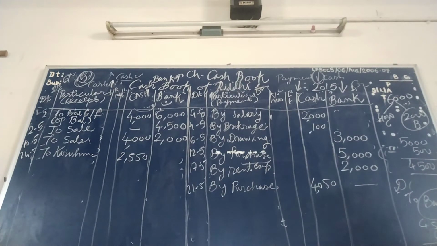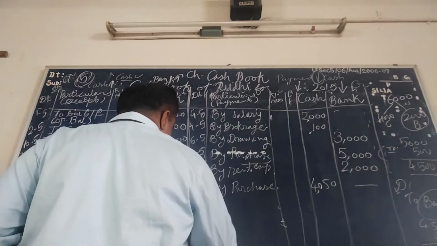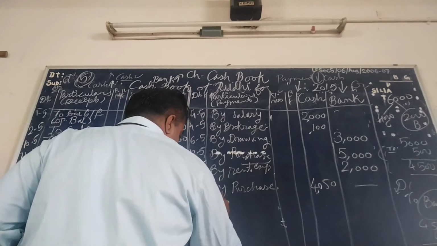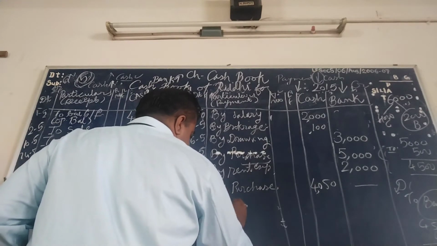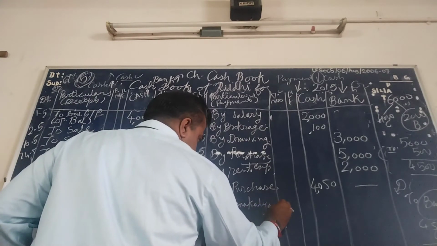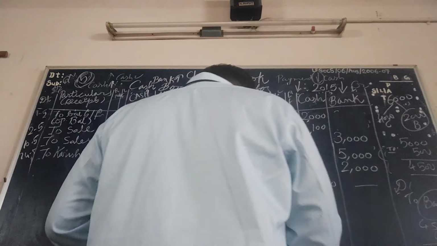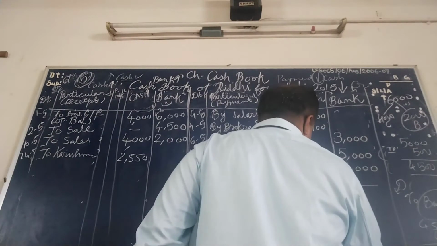Nothing is mentioned here about whether it is paid by cash or check, so we consider it as a cash payment. So we write here Atma Kalyani, 26th May, by Atma Kalyani. How much is paid? 1,200.